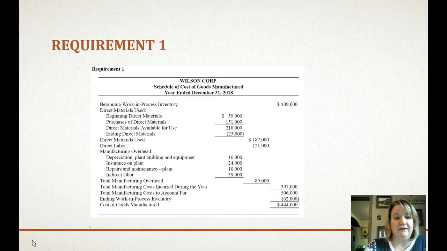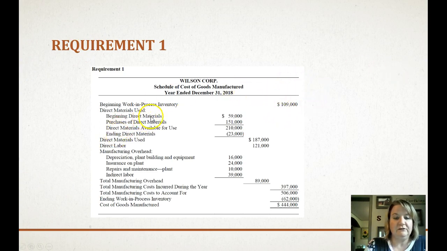Here is the format for schedule of costs of goods manufactured for Wilson Corp. All of the information you need was given to you on the previous screen. The beginning work in process inventory, 109,000. Need to put that over here.